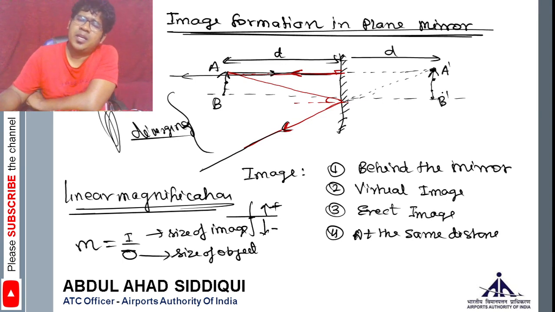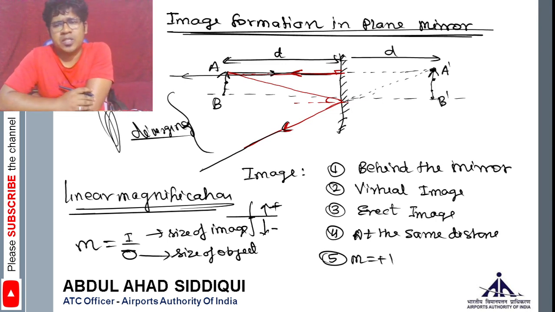Here the image and object are both upright, so both are positive, and the size is also the same, so magnification will be plus 1. If the image were inverted, then magnification would have been minus 1, but here the magnification is plus 1.